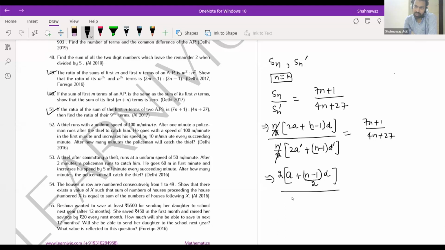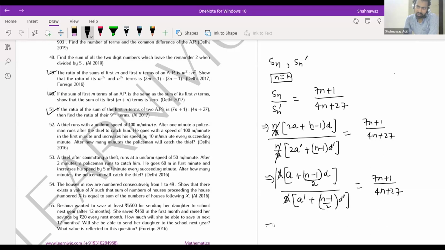This is a similar kind of question as the previous one. So a prime plus (n minus 1) by 2 into d prime, and this is (7n plus 1) by 2 and (4n plus 27) by 2. So again this 2 cancels. Understood?